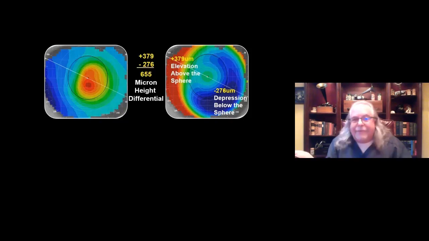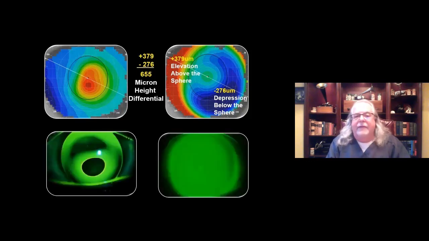Well, these are the eyes that we have to place into a scleral contact lens, because these eyes, it's very difficult to get a corneal contact lens to land adequately in a cornea that has that much height differential to it.